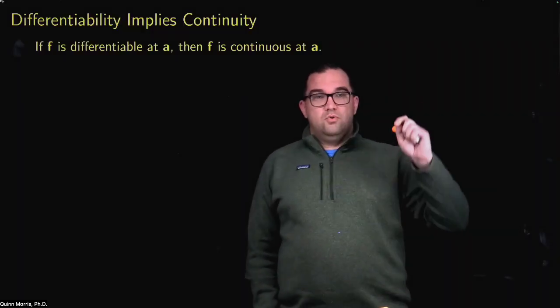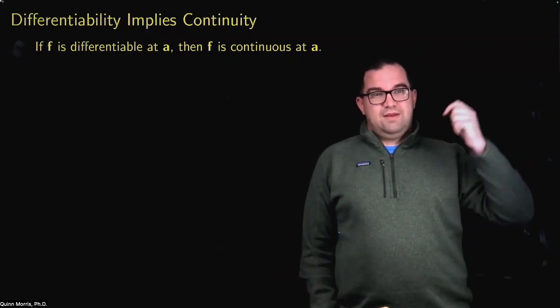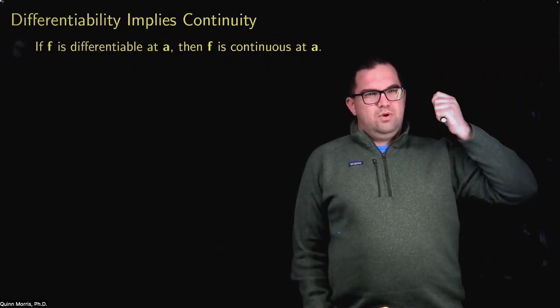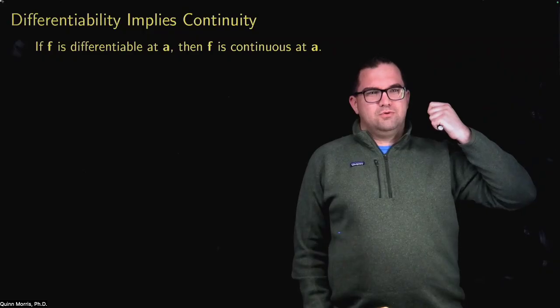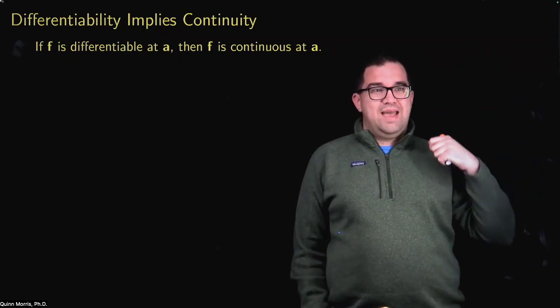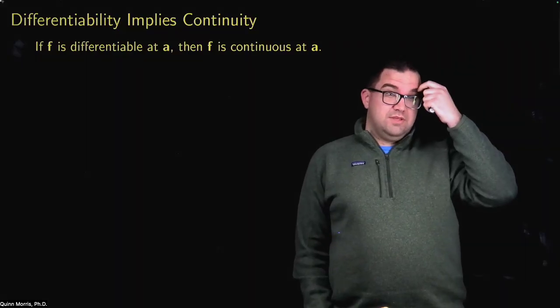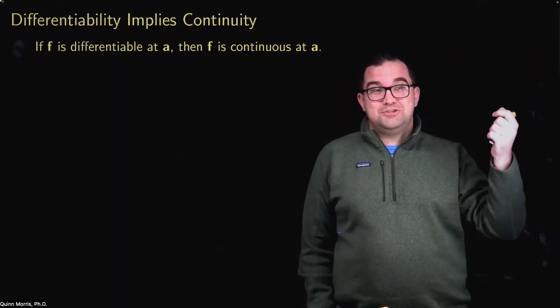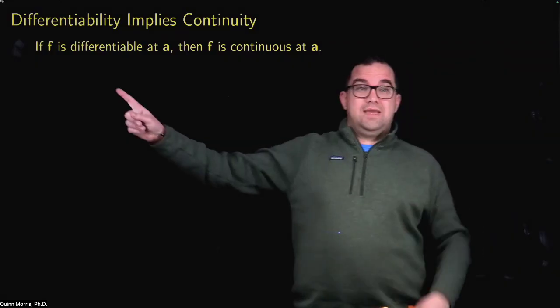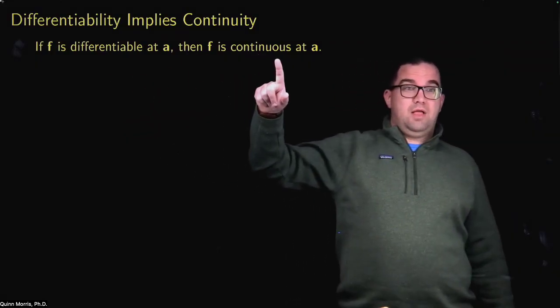So we still get this nice result. And remember that this result was really what we were after when we were trying to figure out a sensible way to define differentiability. We spent all this time trying to figure out what differentiability should mean so that we get a result that says differentiability implies continuity.